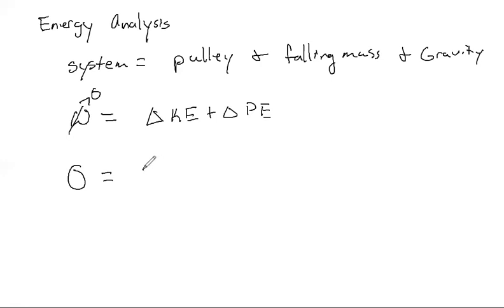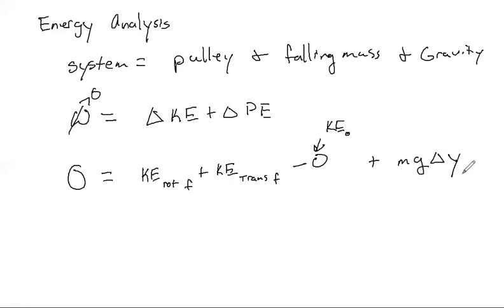So that's going to be kinetic energy rotational final plus kinetic energy translational final. It's minus 0 because this is the initial kinetic energy. And then I have plus the change of potential energy due to the falling mass. Well, that's simply mg delta y.